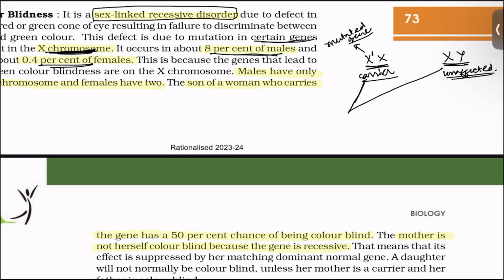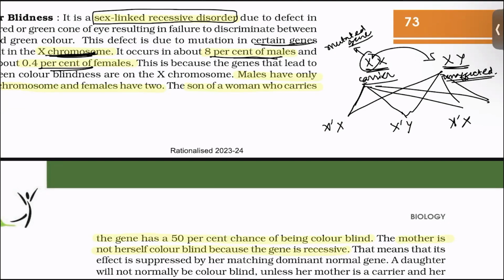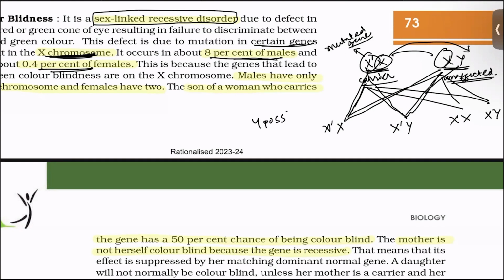During fertilization there are 4 possibilities: X dash X, X-Y, X dash X, and X-Y. So these are 4 possibilities.